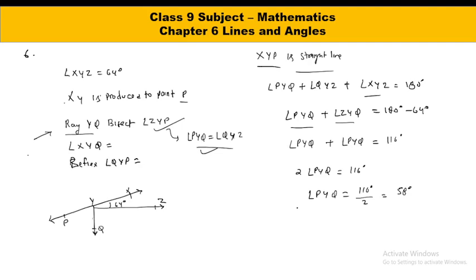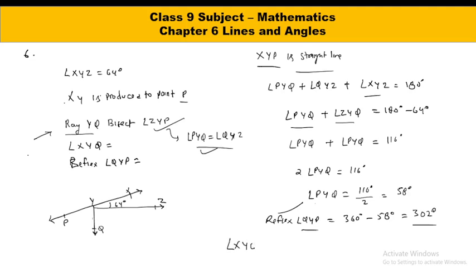As we need to find the reflex of angle QYP or PYQ, this will be equal to 360 degrees minus 58 degrees. It is 302 degrees. Now in the question we need to find angle XYQ.